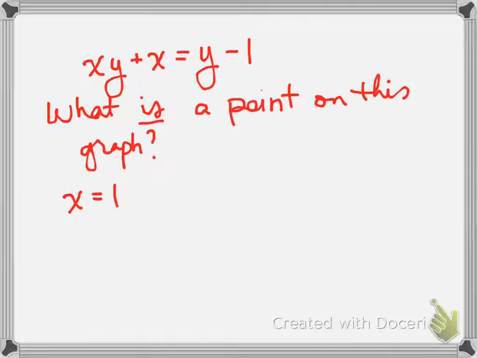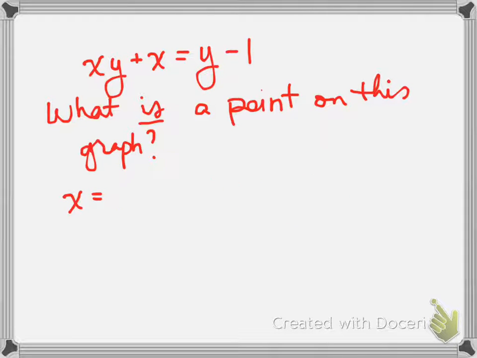If x is 1, I get y plus 1 equals y minus 1. And after a bit of examination, you might realize that this can never be true. Okay, so I've got to start over. There's no way for x to equal 1 because I end up with this equation, which can never be true. y plus 1 can never equal y minus 1.